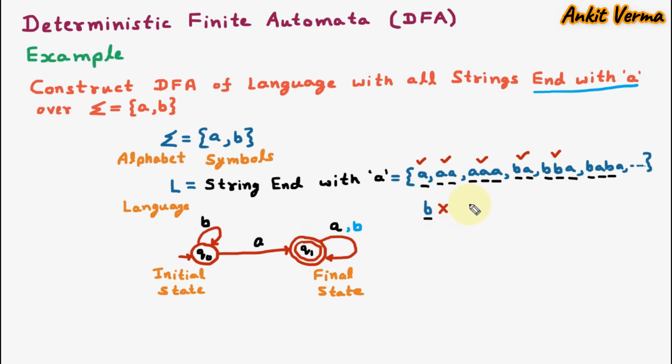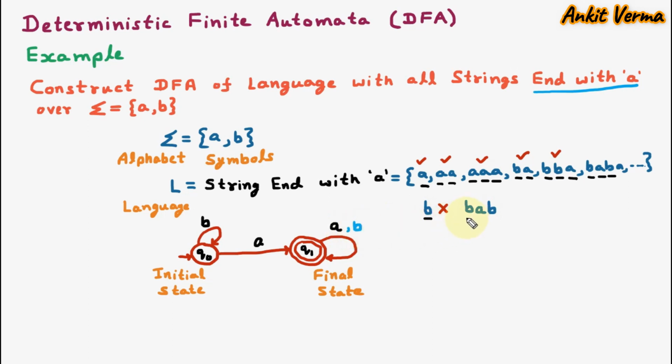Let us suppose that I am taking one string which is BAB. We know that this BAB is not part of our language because the language is strings ending with A, and this string is not ending with A, but we are just checking.